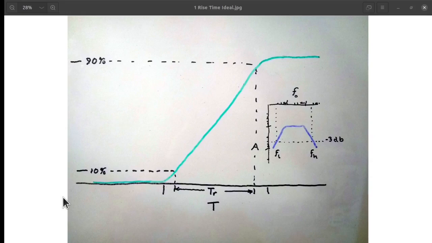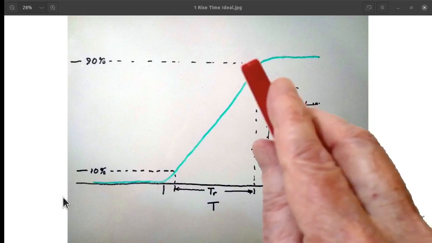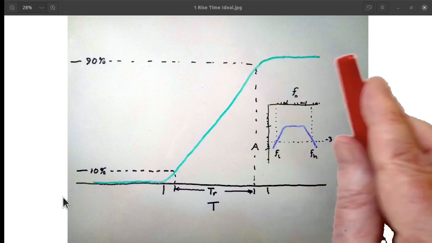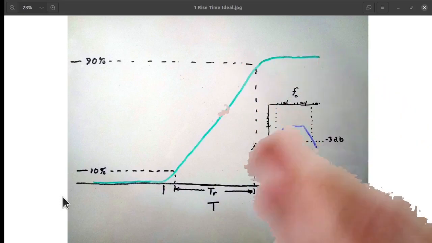And now the specification for Risetime is the time. This is a time scale down here. The time between the 10% mark and the 90% mark of the overall pulse height.